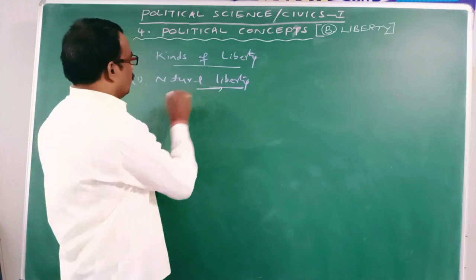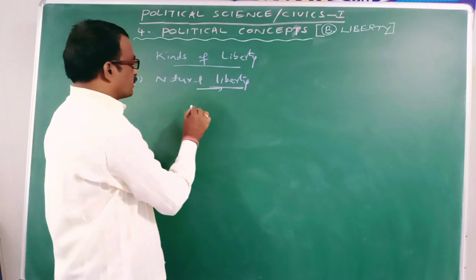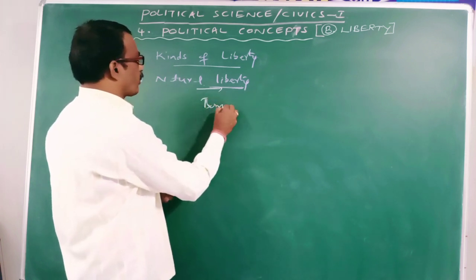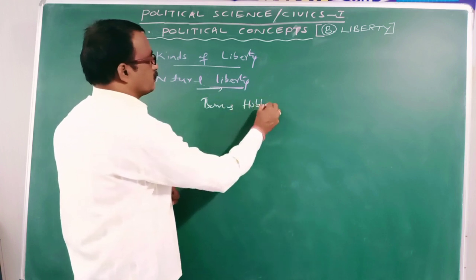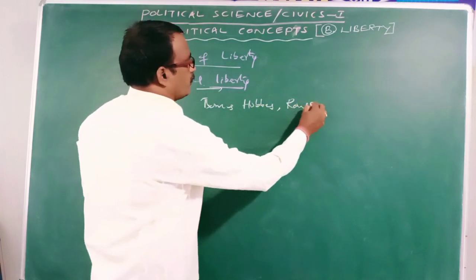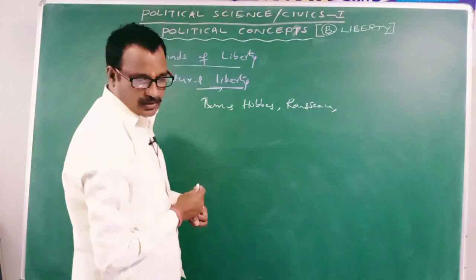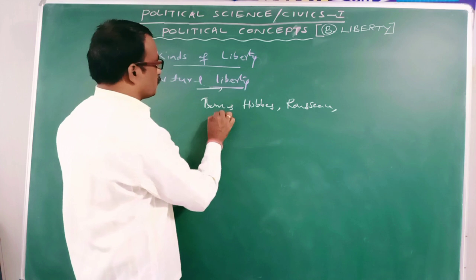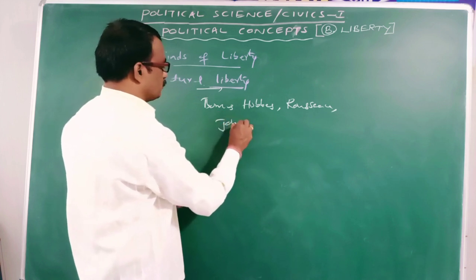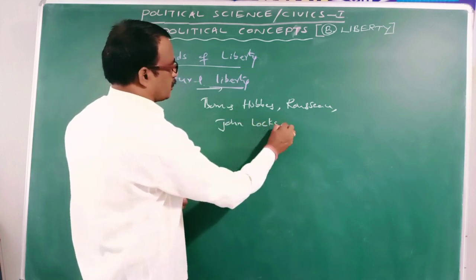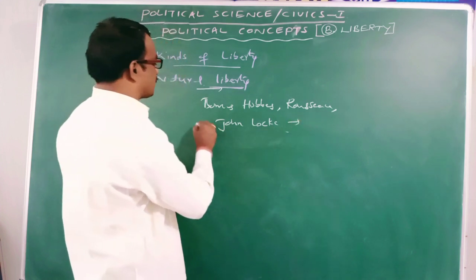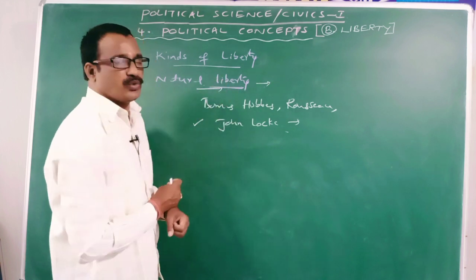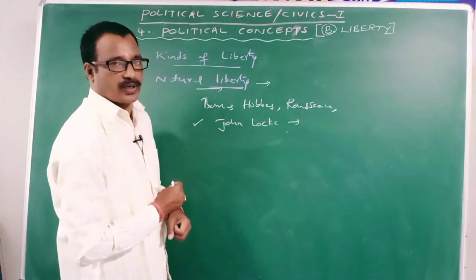Clear? Now, who said that? Here some famous political philosophers like Thomas Hobbes, Rousseau, and John Locke said that men enjoyed natural liberty in the primitive society. Clear?